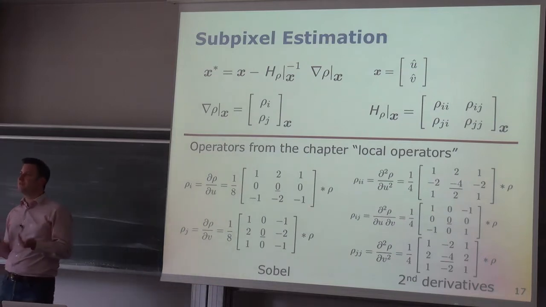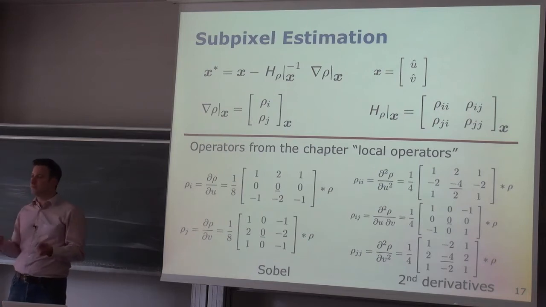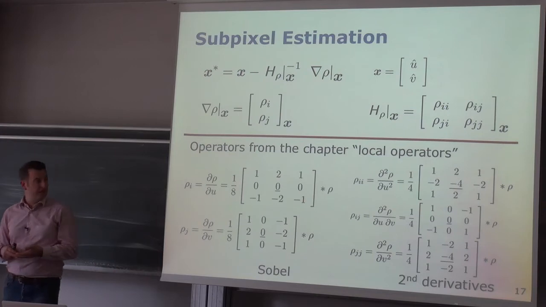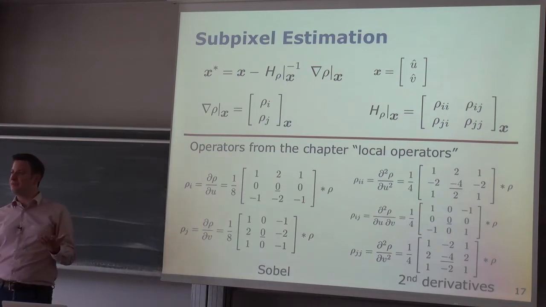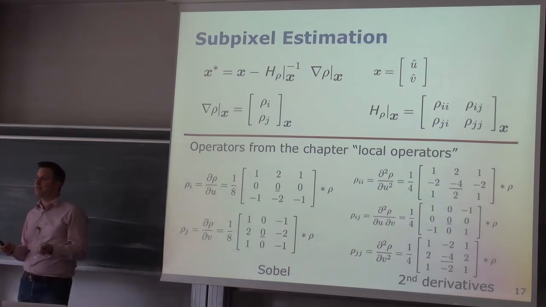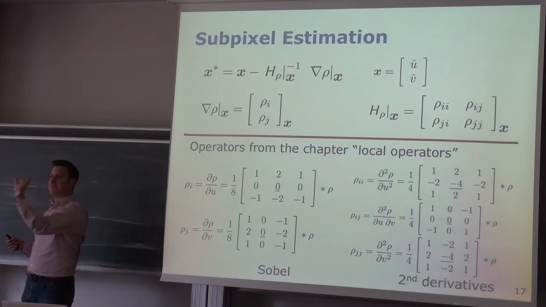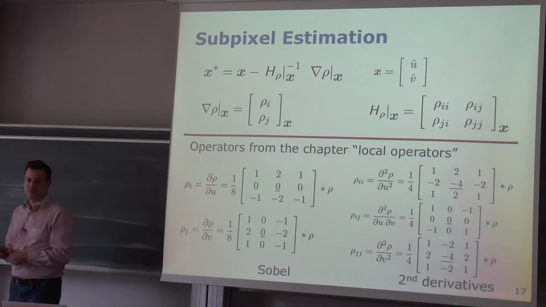Of course, this makes the assumption that I have this smooth function, that there is this quadratic form, and that the matching function has this shape. But it's typically a better estimate than using a step function for every pixel, which is what I would do if I simply stopped with cross-correlation.